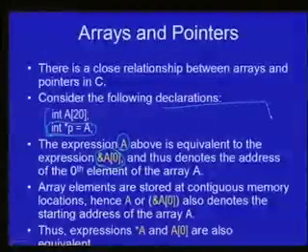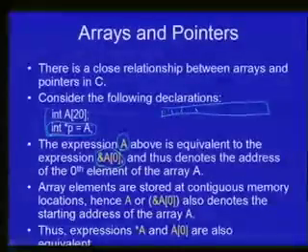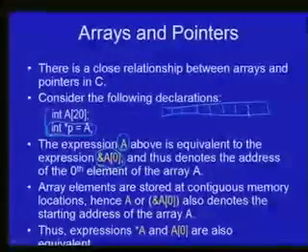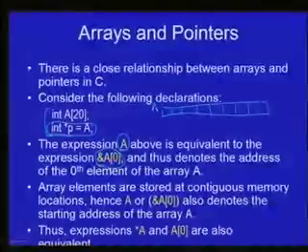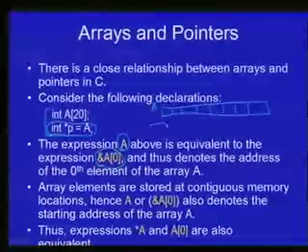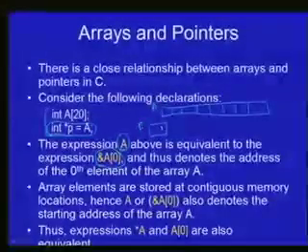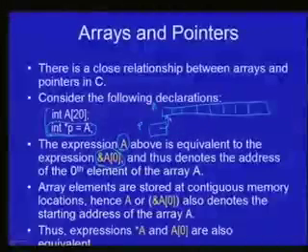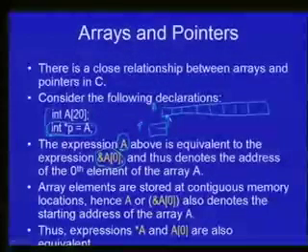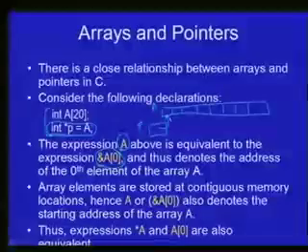So in terms of the pictures that we saw last time, p is pointing to the 0th element of the array a. Essentially the expression a itself is equivalent to the address of the 0th element of the array.